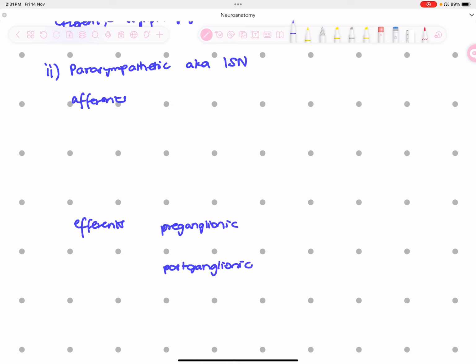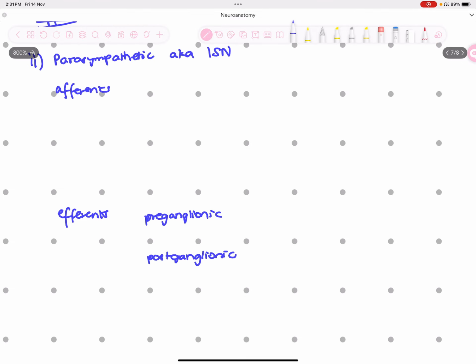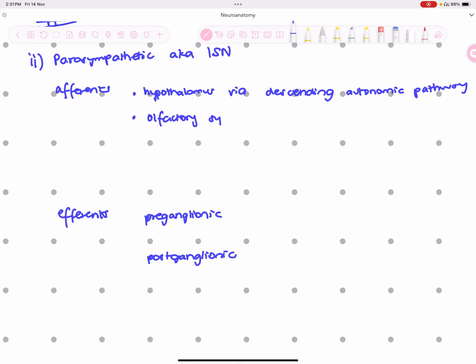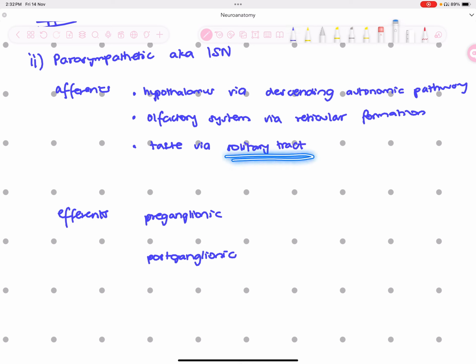So first of all, this receives its afferents from the hypothalamus, where the descending autonomic pathway is, and the other afferent it receives is from the olfactory system, where the reticular formation is, and the other afferent it receives is from the taste region, where the solitary tract is, right? This might seem like too much information, but you need to know it.